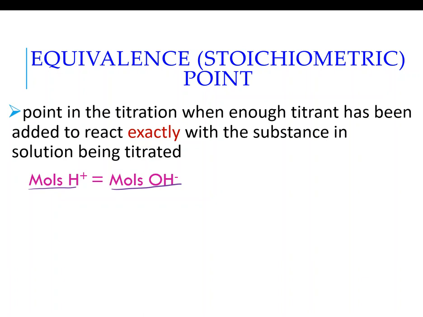That's what's important, because if I know the moles of the hydrogen at the equivalence point, I always know the moles of the hydroxide at the equivalence point. So it's exact, and I can use that in stoichiometry to figure out the concentration of my unknown. That's pretty much what we use it for. So it's the stoichiometric point where the moles equal the moles, and that would be what we would want to know for our definition there.